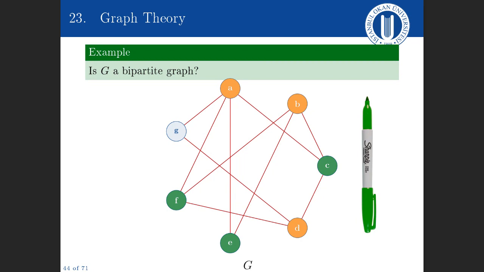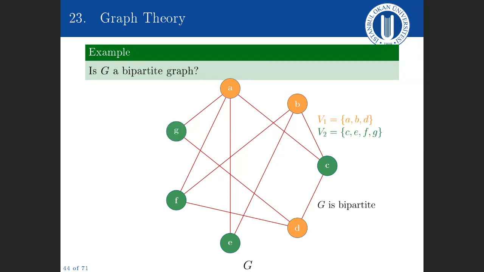Go back to the green pen. There's one vertex left. Let's color that one in green. So now we have A, B, and D colored orange. C, E, F, and G are colored green. The orange vertices are not connected together, and the green vertices are not connected together. So that tells us that we have a bipartite graph.